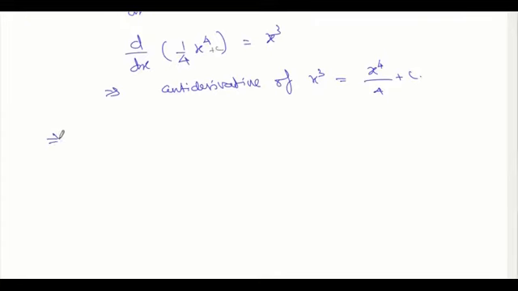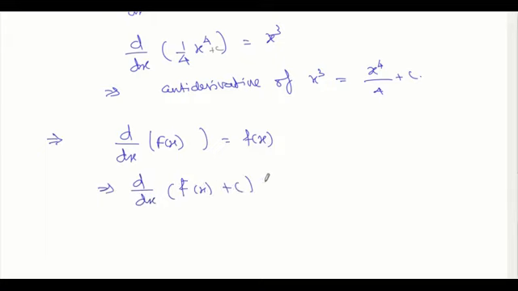So in general we can say that d by dx of capital F of x is nothing but small f of x. This can be rewritten as d by dx of F of x plus c is f of x itself. Okay, it's a derivative we are telling.